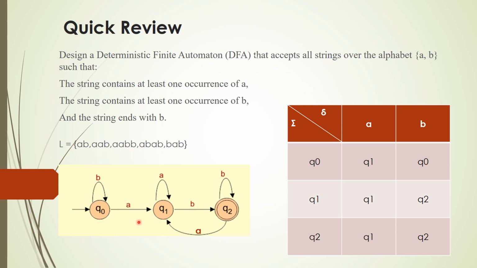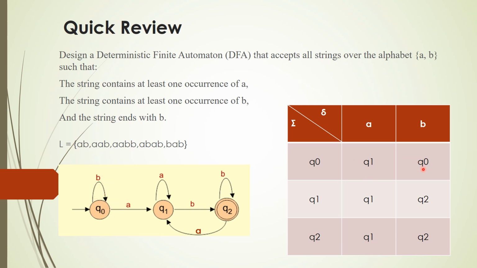Now we can see how this transition table is designed from this transition diagram. There is the Q0 state. From Q0 with input label A, we go to Q1. So look in this table: Q0 with input label A reaches the Q1 state. With input symbol B, Q0 reaches Q0 itself.